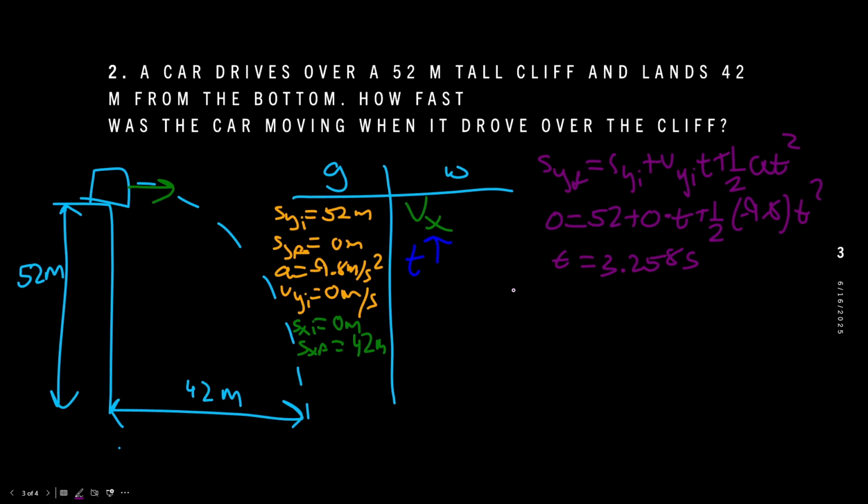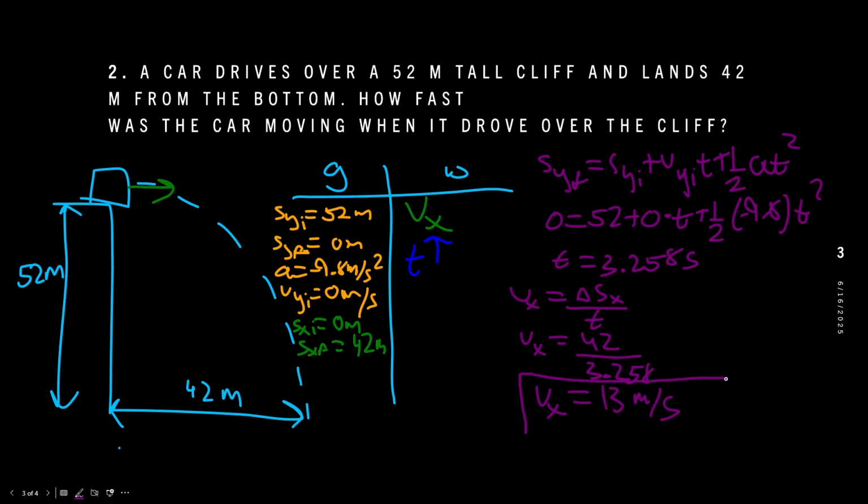So Vx equals delta Sx over t. Vx is what we're trying to find. Delta Sx is 42 meters. Then time is 3.258 seconds. And Vx equals 13 meters per second. So that'll be our answer for that.